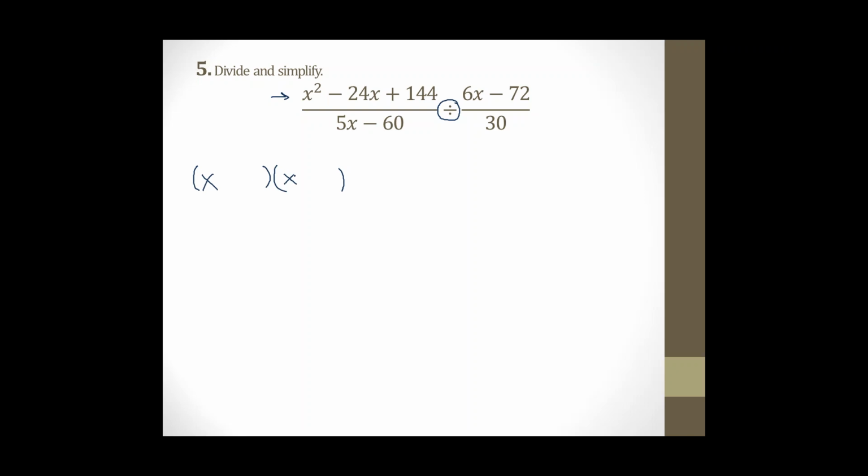The square root of 144 should be 12 and 12. And then the sign in front of the middle term determines both of the signs, so both of these should be negative.